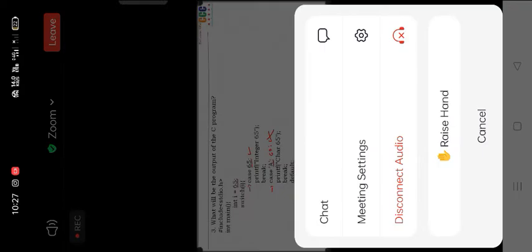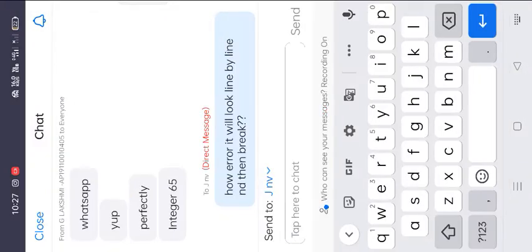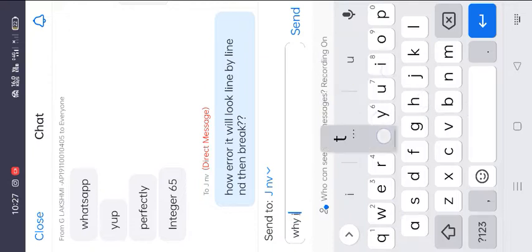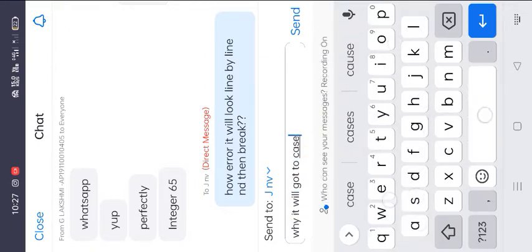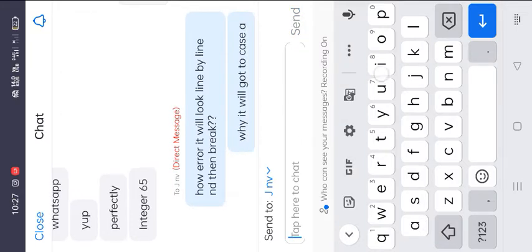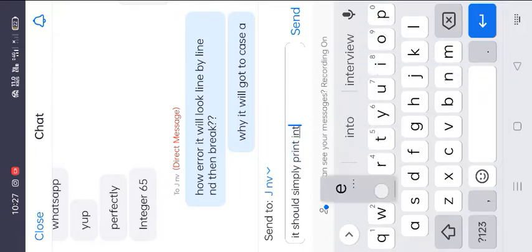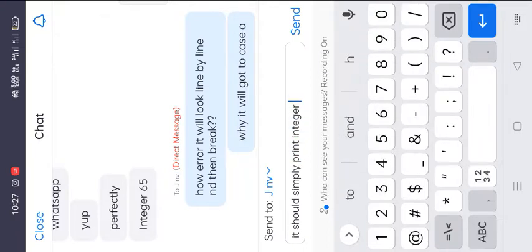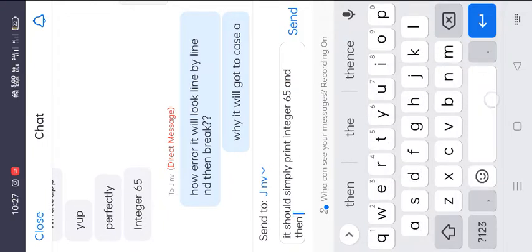Is that clear? I already mentioned that it is 65, here it is a character. But you did not look into that. So you cannot have duplicate cases over there. Why would it go to case A?